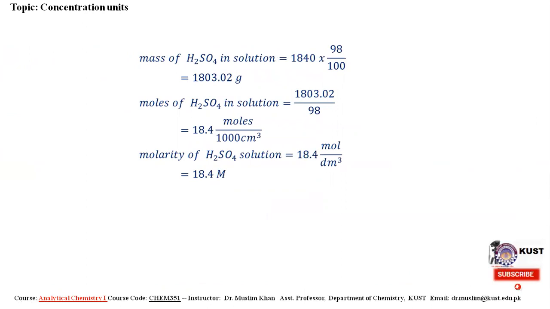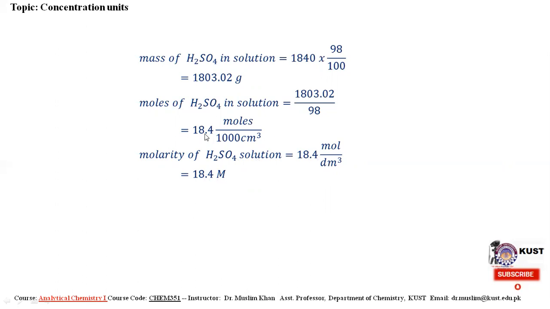Mass of H2SO4 in solution: there are 98 in 100, so out of 1840 it will be about 1803.2 gram. Moles of H2SO4 in solution is this divided by molar mass: 18.4 moles per 1000 ml. So molarity of H2SO4 solution will be equal to 18.4 moles per liter.